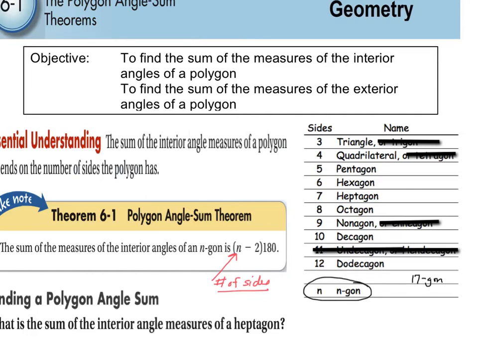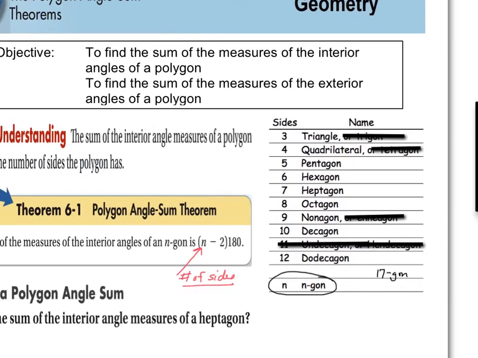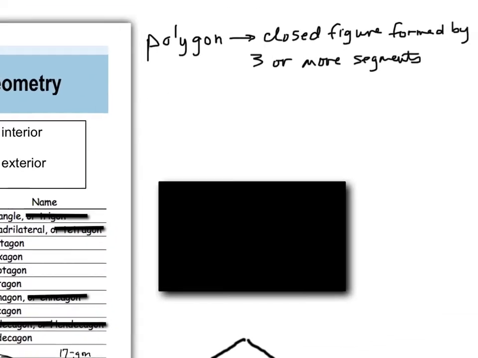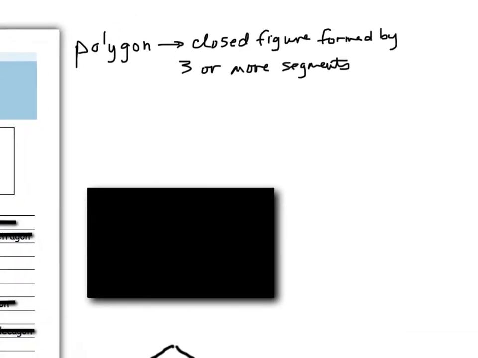Now, first, before we get started, let's discuss what is a polygon. Well, a polygon is a closed figure formed by 3 or more segments. If you look at this shape right here, we have a rectangle. This is a polygon.